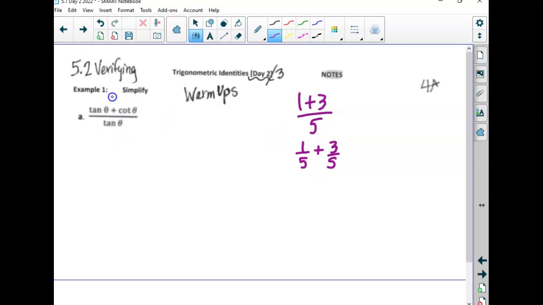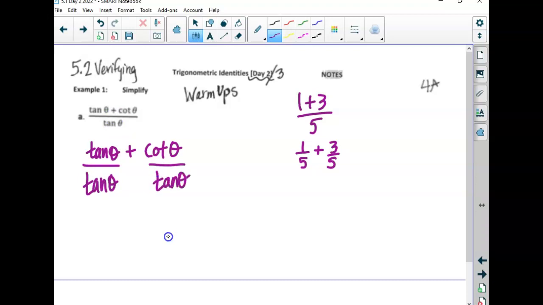The reason I look at it that way is because tangent over tangent would be 1, right? So we could separate it, tan theta plus cotangent theta, and put each of them over tangent of theta, because they're currently both over. So this would become a 1.